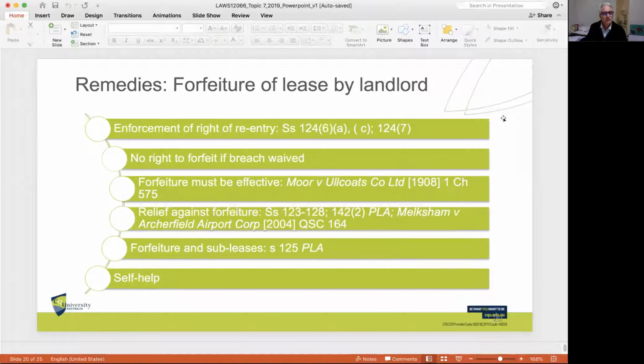Now, so these are actions that can be taken by the landlord with regard to the forfeiting of the lease, that is the entitlements under the lease, in particular the rights of exclusive possession and quiet enjoyment and these sorts of things, right?